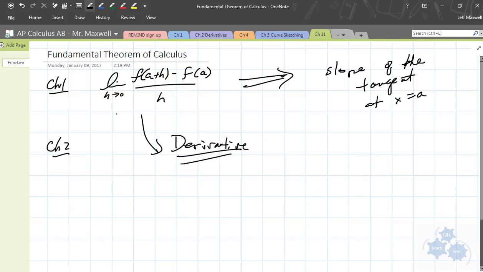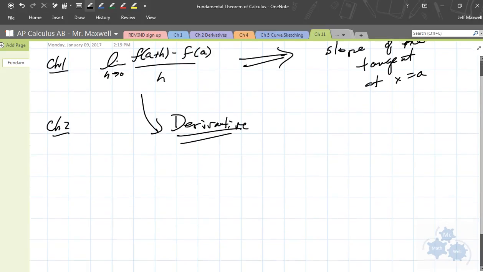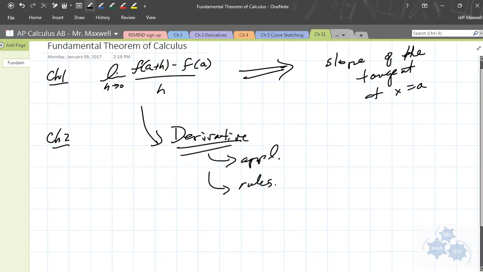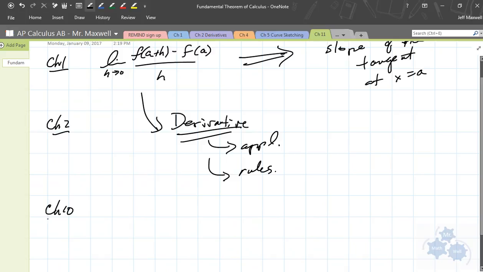Now there are applications of derivatives. We talk about maximization and stuff like that. Pay attention. So there are applications and there are rules. We did applications, we did rules. So in chapter 10, let's move down to chapter 10.